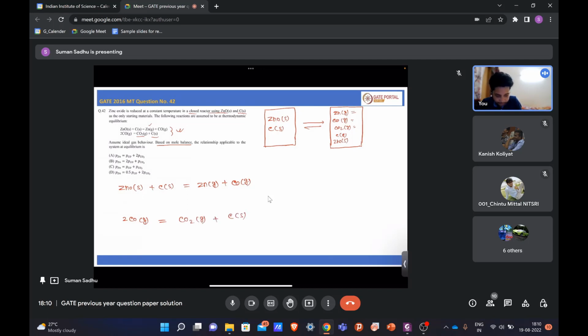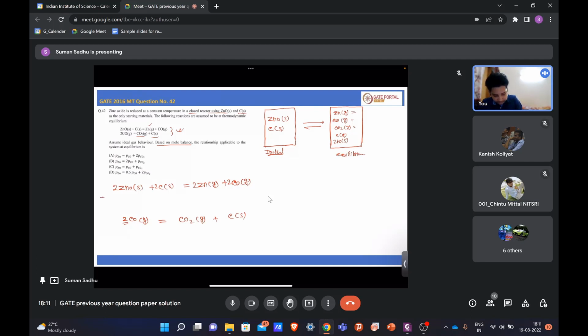Now, as here 2 moles of carbon monoxide is there, just to do the mole balance, I will multiply both sides of this equation by 2. So now the mole balance is done for these two equations. This is the initial condition and this is the equilibrium.